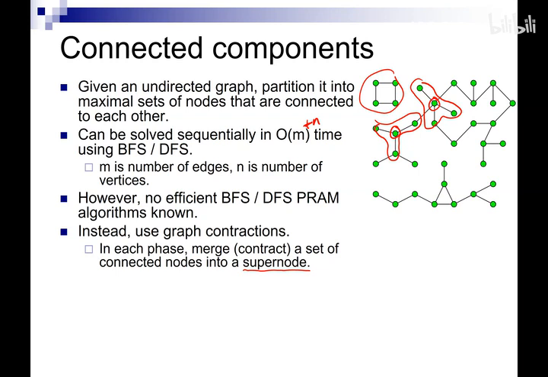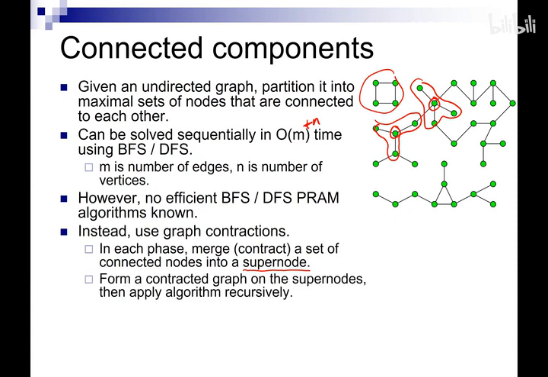Now you can apply this technique iteratively. You can take these super nodes, and once again, merge some of these super nodes together, so you get new super nodes. Then you just keep doing this process recursively. The key point is that whenever you do this, you preserve the set of connected components. Originally, if we had 3 connected components, and you do this for one round, you have a bunch of super nodes, but these super nodes also form 3 connected components.